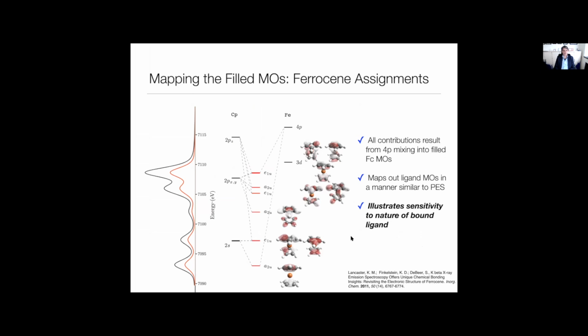And so in those cases where multiplet effects are not very prominent, which is the case for most closed shell molecules, for example, one can make a one-to-one correspondence between the molecular orbital scheme and the valence to core spectra, as Serena, together with her then postdoc Kyle Lancaster and Ken Finkelstein, have demonstrated in this very nice paper, where they have basically shown that the X-ray emission spectrum of ferrocene beautifully maps onto the molecular orbital scheme of ferrocene, and of course experiment and calculation again are in beautiful agreement.